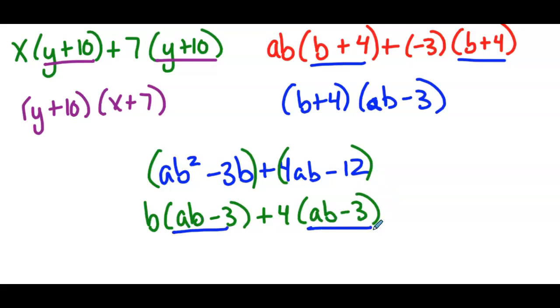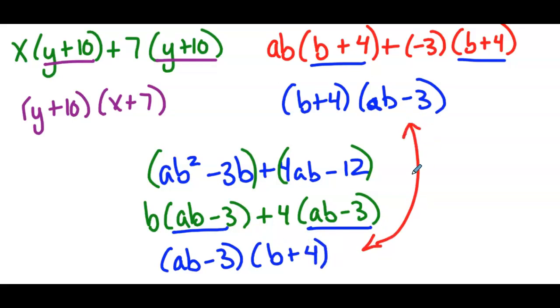So ab minus 3 is the greatest common factor that we can take out, and we'd be left with b plus 4. So notice that's the exact same factoring. Now the order is changed, but that's not an issue because of the commutative property of multiplication.